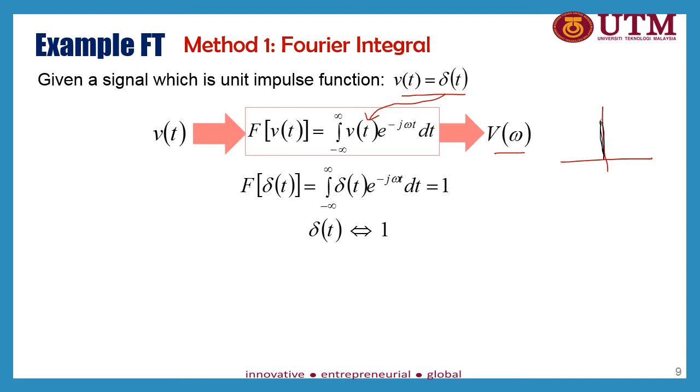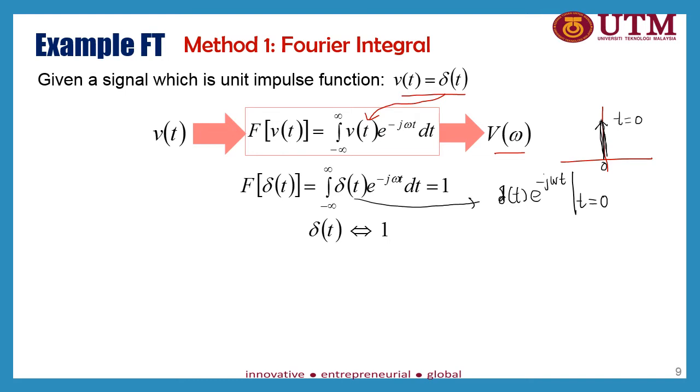When you have a pulse at t equal to 0, the signal only appears at t equal to 0, meaning that the integration is performed only at t equal to 0, with e to the negative j omega t, where t is exactly 0.